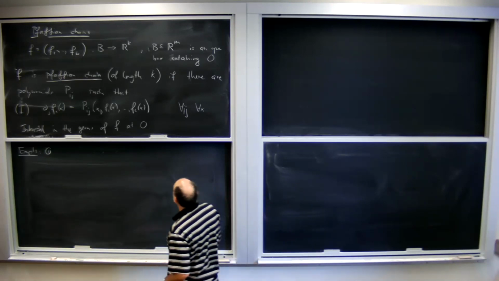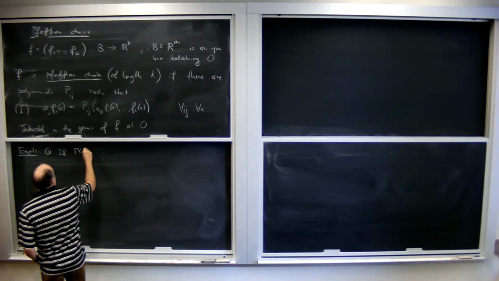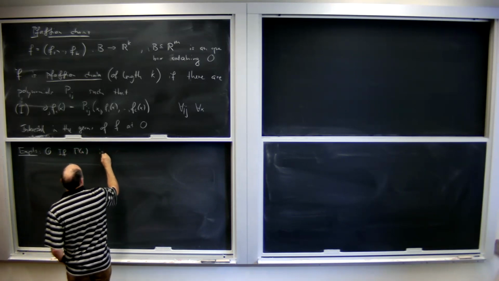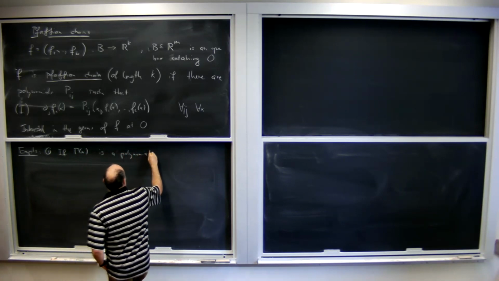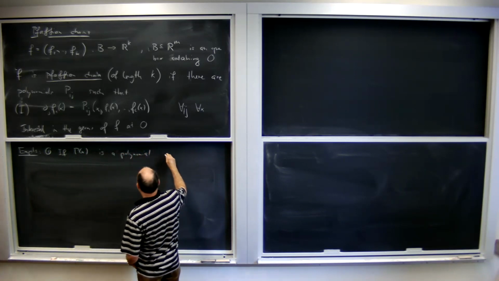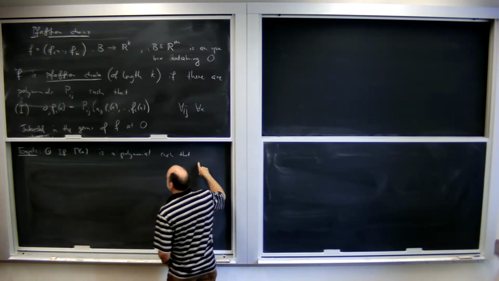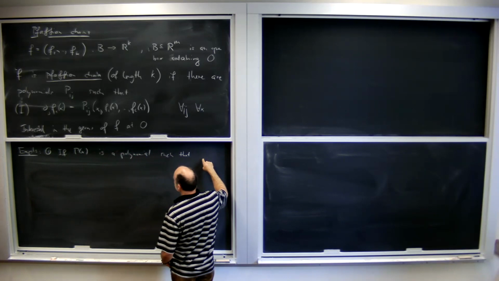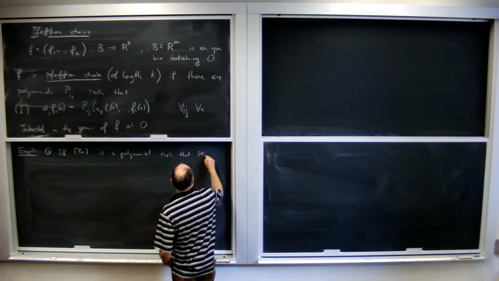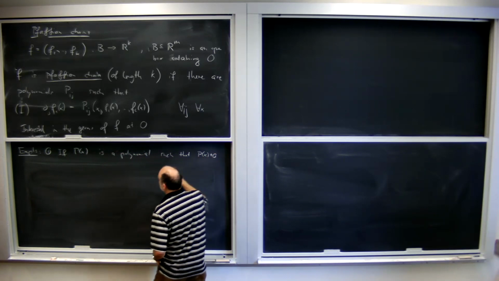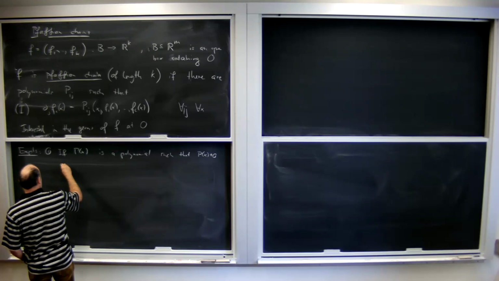If you have a polynomial p(x) such that, well, okay, we can say that p(x) is never 0. p(x) is not 0 in B, or I can just say the germ of p(x) is not 0 at 0, right?